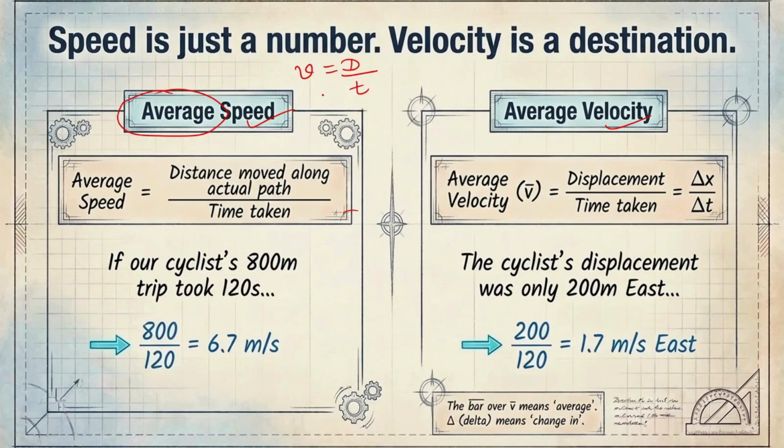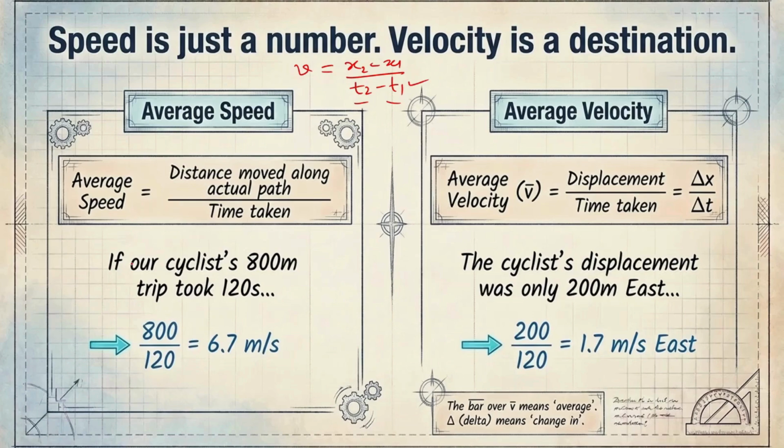Now for the average velocity, v is equal to x2 minus x1 upon t2 minus t1. Now x2 is the final point and x1 is the initial point when the object begins this journey. t2 is the final time when it reaches the final destination, and t1 is the time when the motion begins.